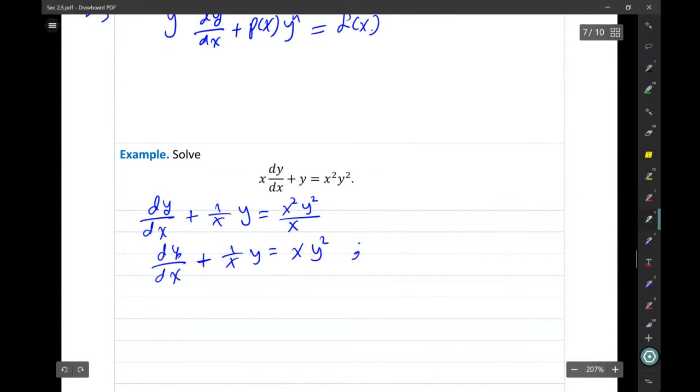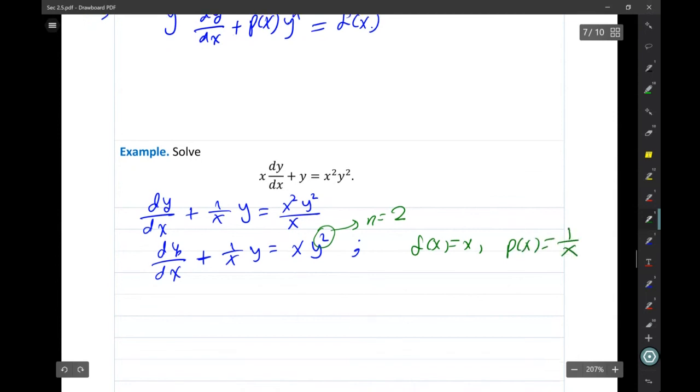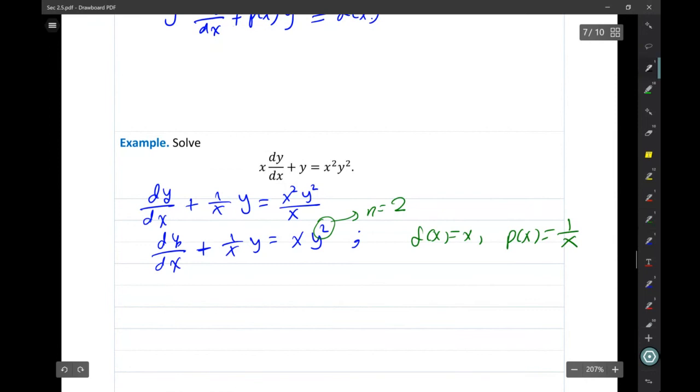Here, the value of n is equal to 2, the function f of x is equal to x, and the function p of x is equal to 1 by x. Now we have to assume u to be y to the power 1 minus n, which is y to the power 1 minus 2, which is y to the power minus 1.